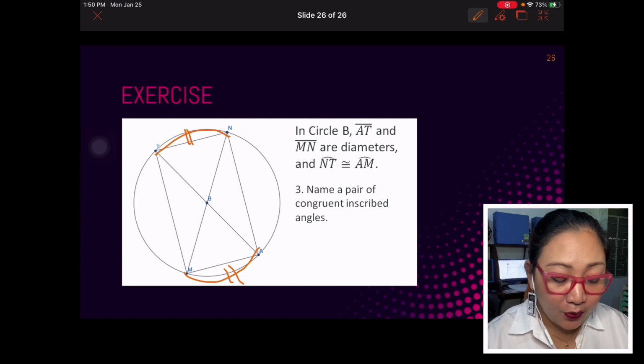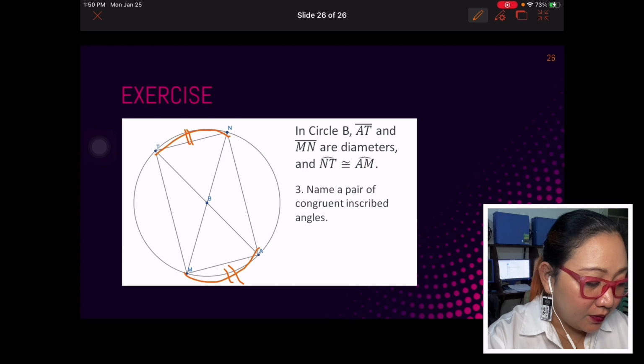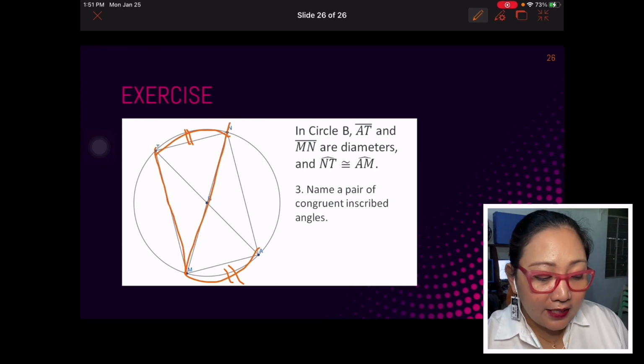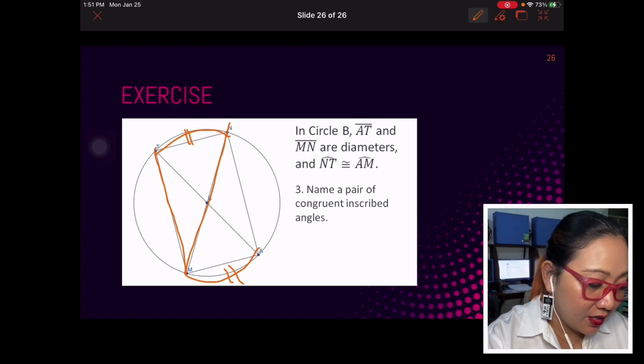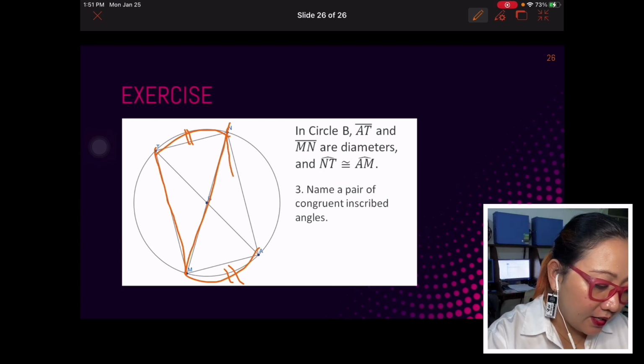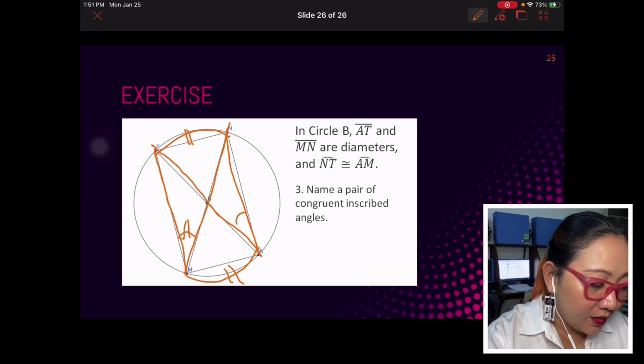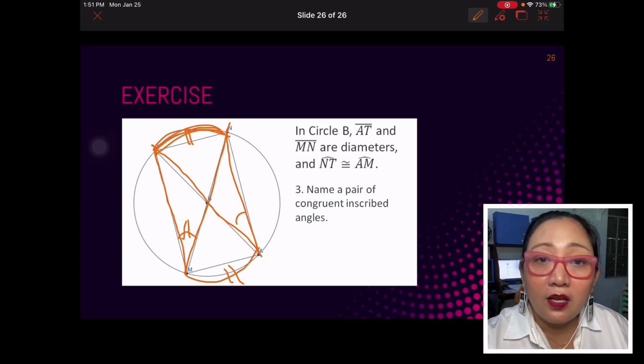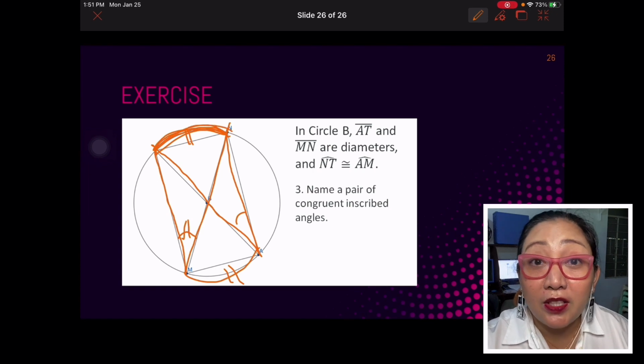So, pwede po, kung mapapansin nyo, if you would look at angle TMN at saka angle NAT, what do they have in common, mga anak? They have in common their intercepted arc. Okay? So, iisa lang yung intercepted arc nila.